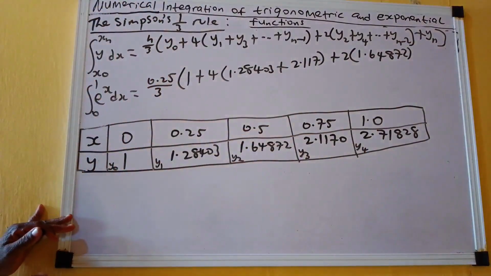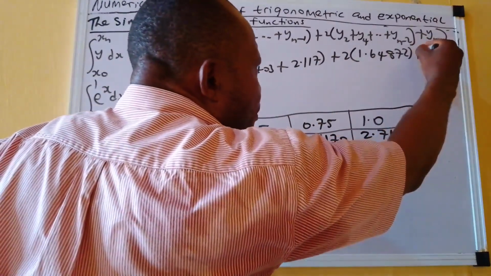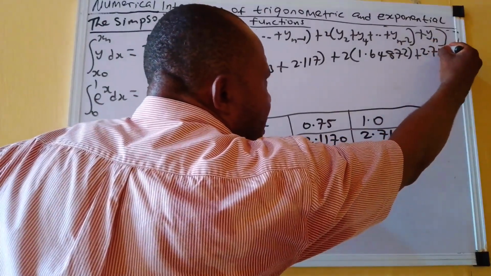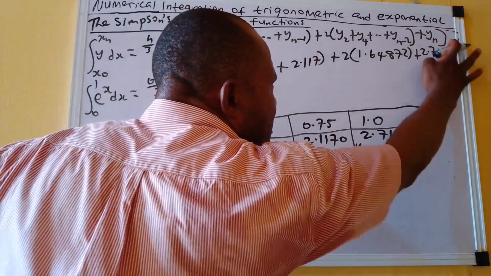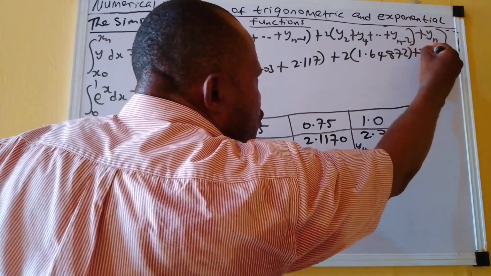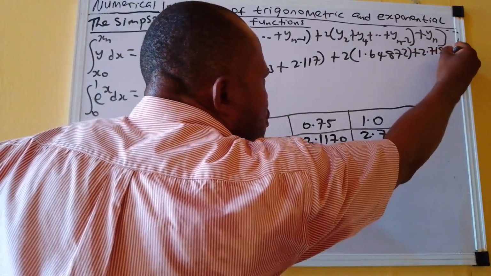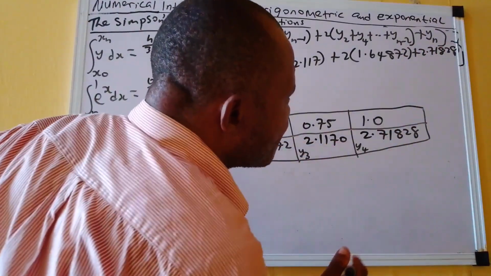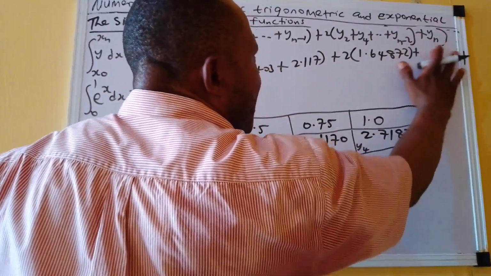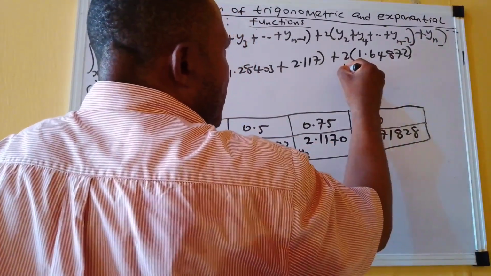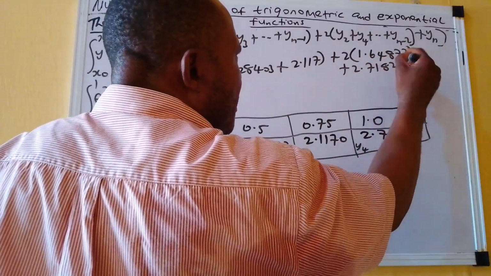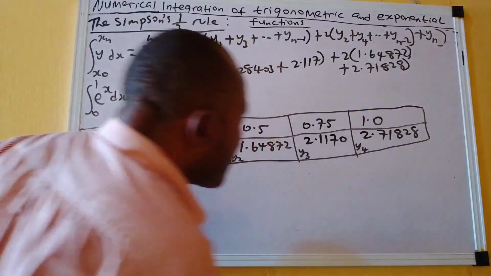Then, of course, the last value of y, which is yn, plus 2.71828, then you cover the bracket. Okay, let me write it quickly. Permit me to write it under this, plus 2.71828, and you cover the bigger bracket.